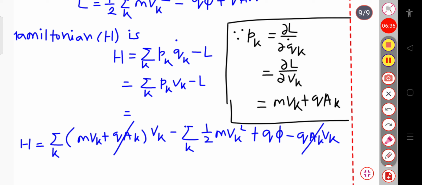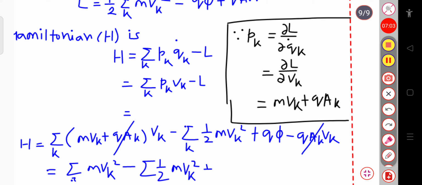So now the remaining term, now we can write the Hamiltonian will be equal to sum over k of m vk into m vk, that will be m vk square, minus sum over k 1 by 2 m vk square plus q phi.